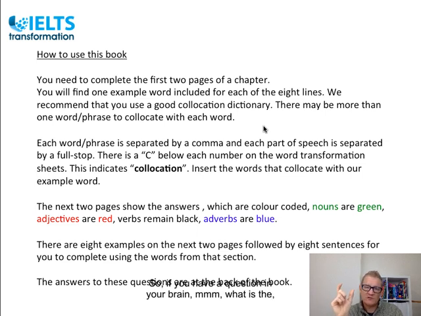So if you have a question in your brain, what's a synonym of health, well-being? Well, if you have that question that exists and you answer the question, then you are learning. So we need to form a question. So try to complete it. If you can't, don't worry. If you have lots of time, use dictionaries and whatever. Use a good collocation dictionary if you can.